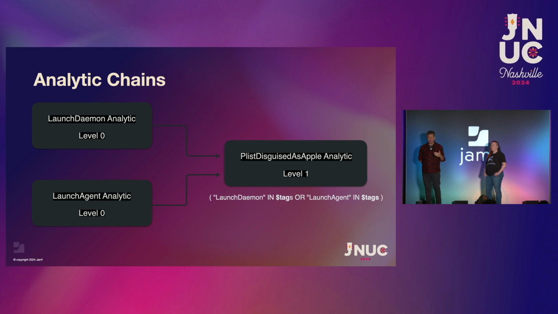In there, we just compare it to the tags we're expecting or need to connect to. Those tags exist on the level 0s, and if they get triggered, those tags get passed up to level 1, and then we can qualify that. If the tags match the ones we're expecting, we know that they have run, and then the plist disguised as Apple can take over and further qualify.